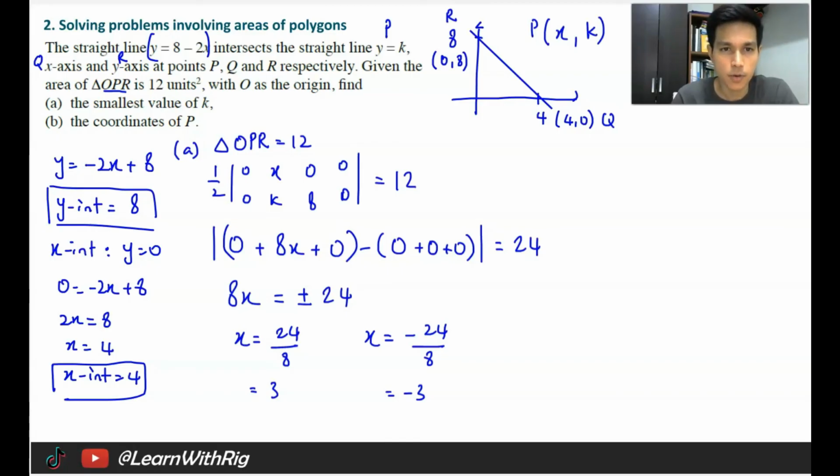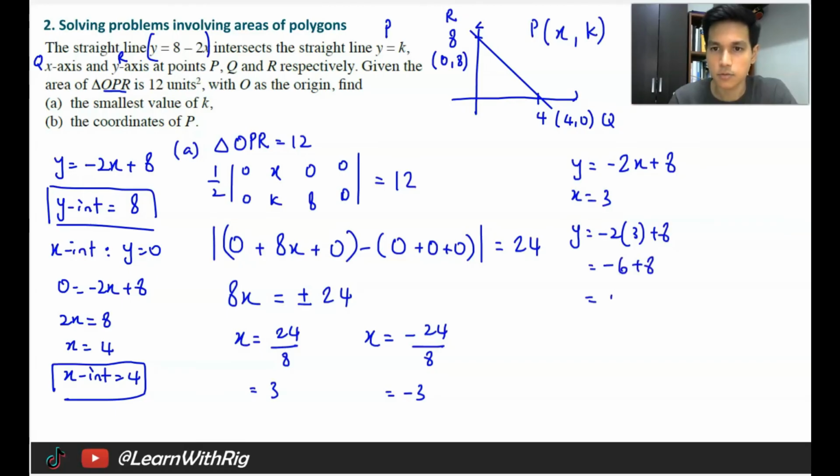Since this is x, now we have to find the value of y. How to find the value of y? Substitute back into the equation. When y equals negative 2x plus 8, let's say x equals 3, the y value equals negative 2 times 3 plus 8, negative 6 plus 8 equals 2. What if x equals negative 3?